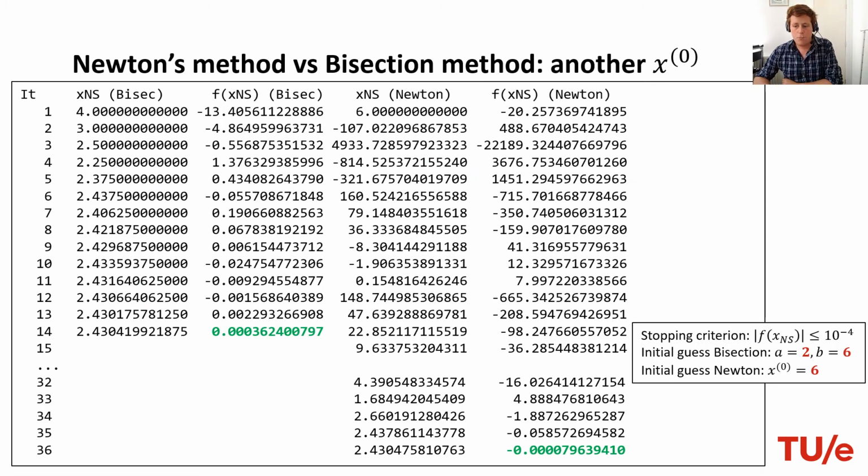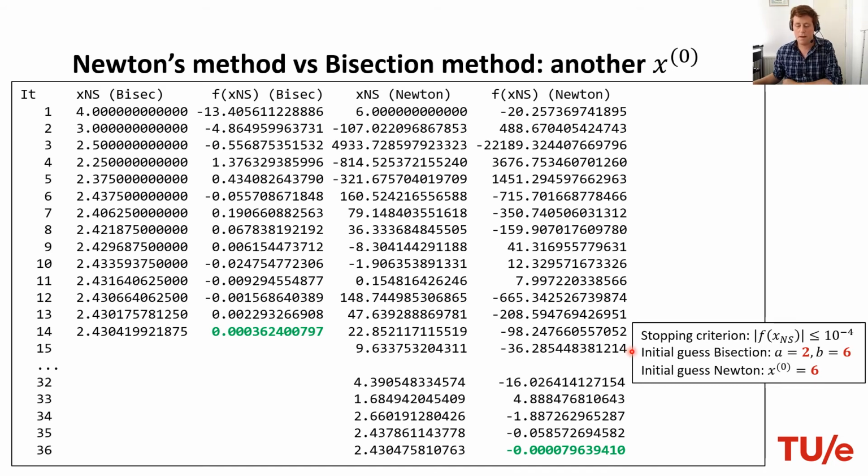Let's take a look at what happens when we choose another starting condition. I already mentioned that the performance of Newton's method can be very dependent on which initial guess you provide to start the iteration process. Here we have a stopping criterion of 10 to the power minus 4, but we provided both methods with different initial guesses from the previous slides.